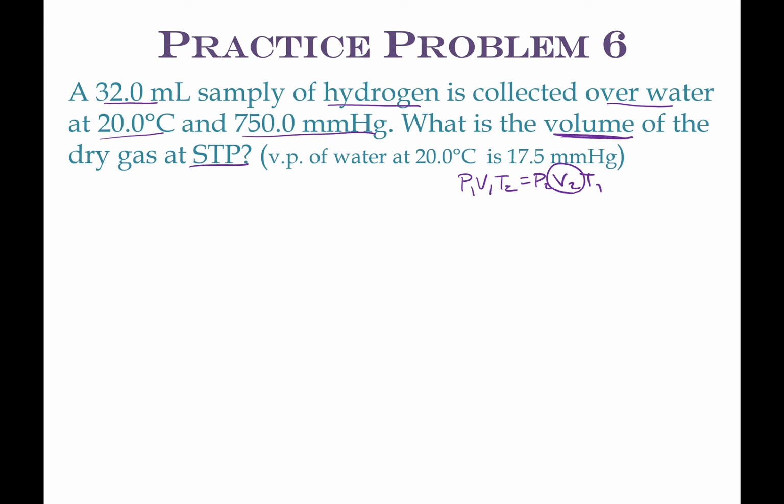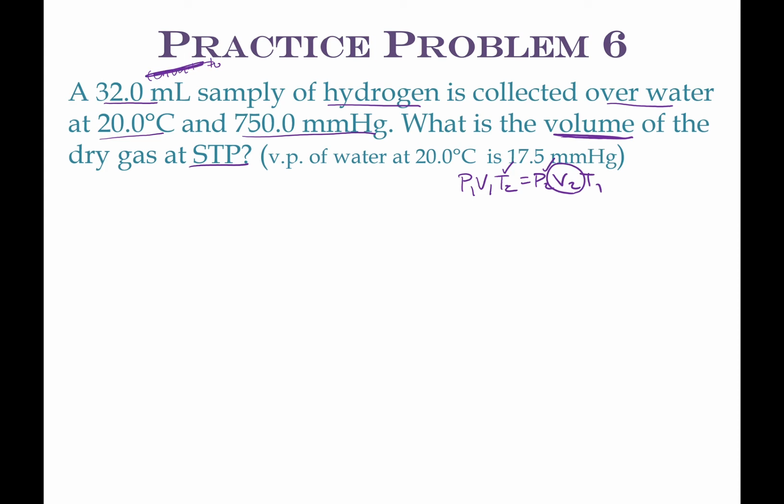So at STP means our P2 and our T2 are going to be our STP values. So we have those. P1, V1, and T1 are all given to us. We don't need to convert the volume to liters because we can just answer in milliliters as long as they're the same.